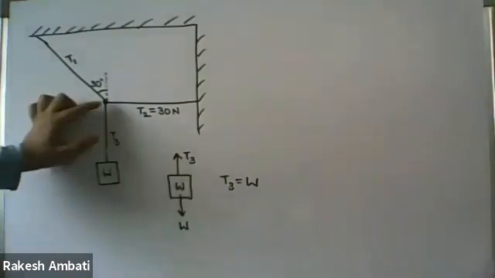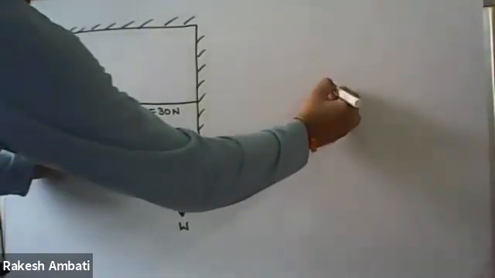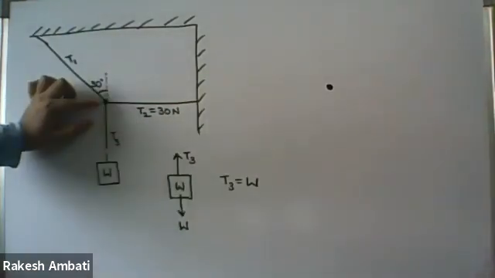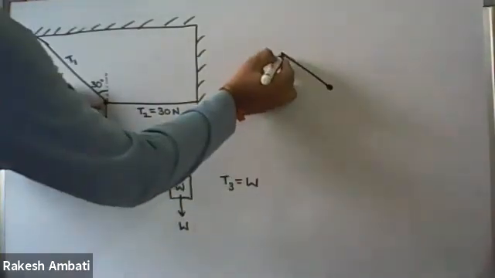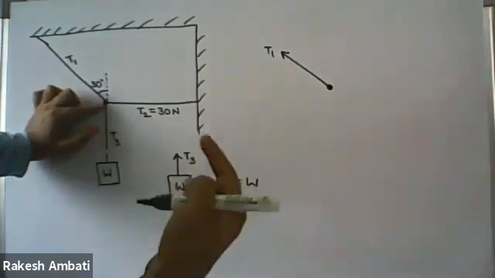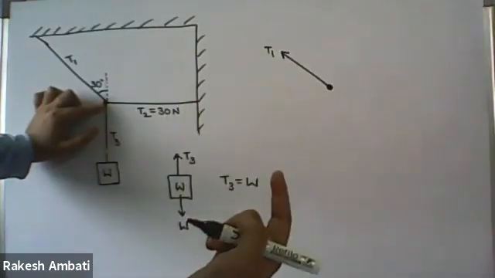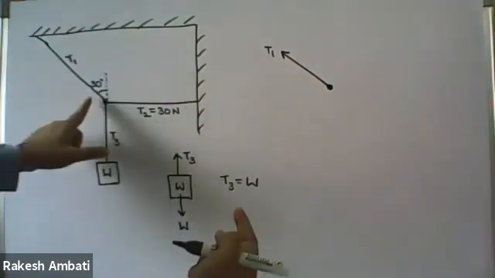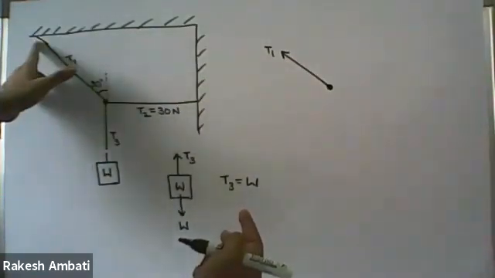Then I'm taking this as a tied point. For this tied point, let us see the direction of tension forces. It is the direction of T1. We already discussed, tension force is always away from the tied point along the string. So it is T1.